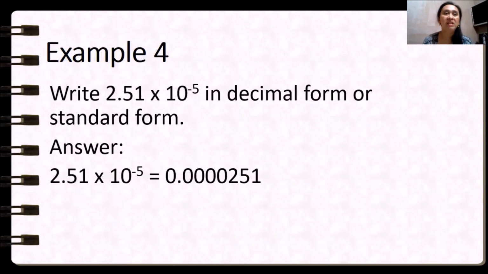Kapag naman decimal form, ang kanyang exponent sa 10 ay negative. Now, in scientific notation to standard or decimal form, understood, if the exponent is positive, that is standard form. And if the exponent is negative, it means we change it into decimal form. So I hope clear po sa bawat isa ang lesson natin for this week.